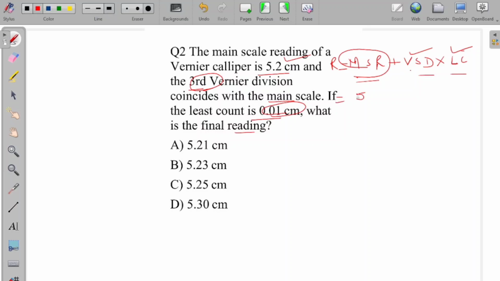Let's put these values in the formula. 5.2 centimeter plus 3 into 0.01 centimeter. Now this gives us 5.2 centimeter plus 0.03 centimeter, and final answer is 5.23 centimeter. The correct answer here is option number B.